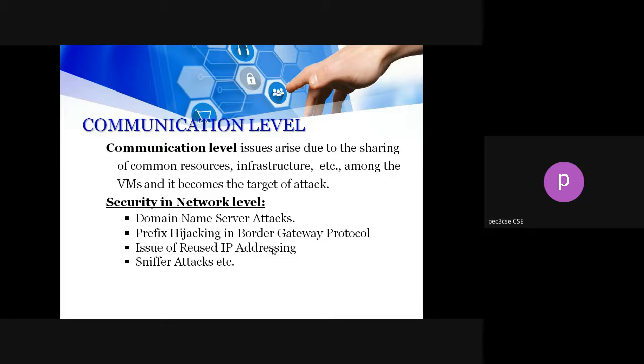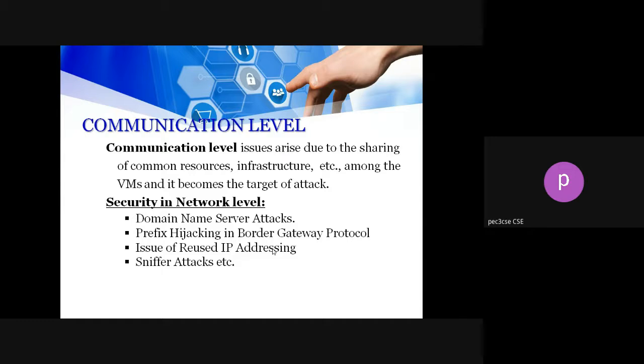We are all aware that whatever browsing or data we use will be stored in the DNS cache. If it is not cleared properly before reusing the IP address that was already used by a person or a system, this issue arises.